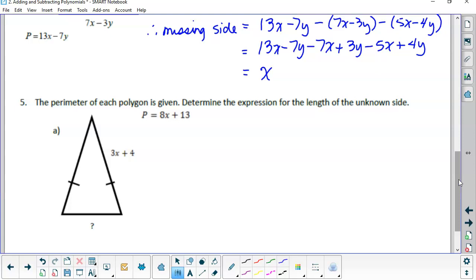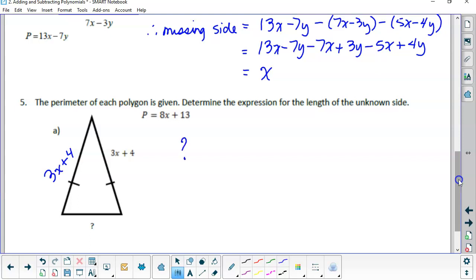Same question. So this is a triangle. We're given the perimeter. Find the length of the missing side. So remember here in a diagram, the dashes mean they're the same. So I'm just going to label it. Okay. So now this has a question mark.